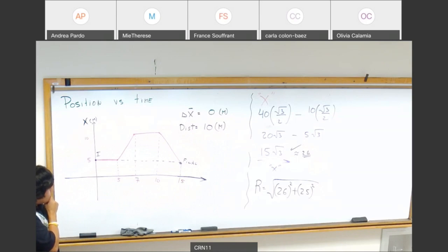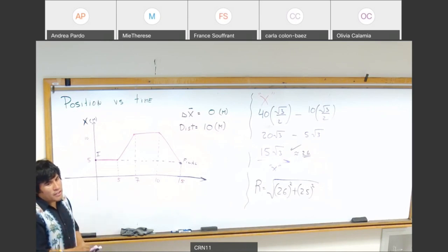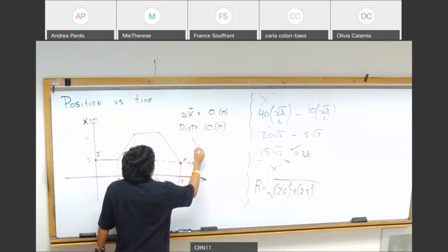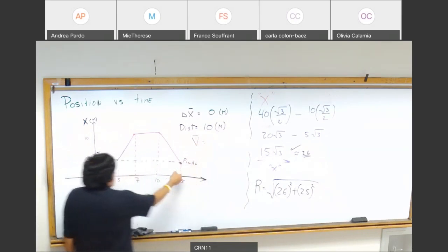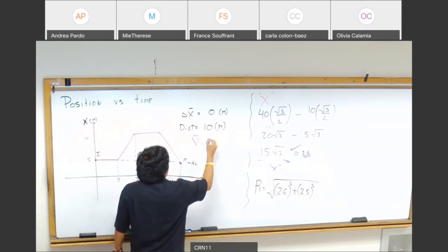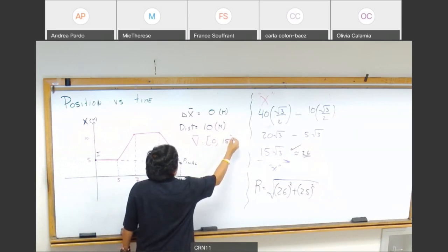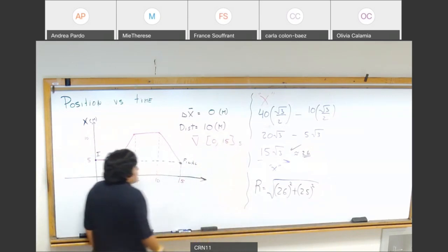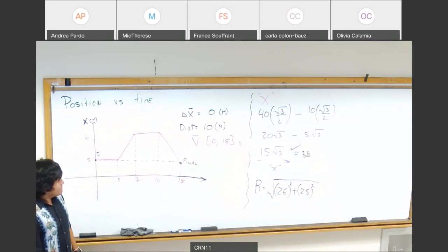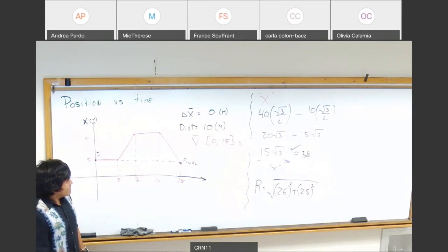Now, what other information can I get? I can get the average speed and the velocity during the whole trajectory. Well, I'm going to ask everybody, what would be the average velocity in the whole time? So between 0 and 15 seconds. What is the average velocity? Anyone? Think about it.